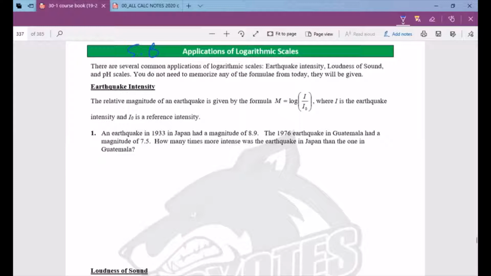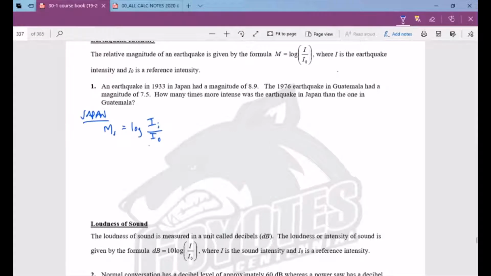So let's start off by looking at what happened in Japan. We have this formula: M of the Japanese earthquake is equal to the logarithm of I of the Japanese earthquake over I naught. As often will be the case, we're going to swap this around to exponent form.